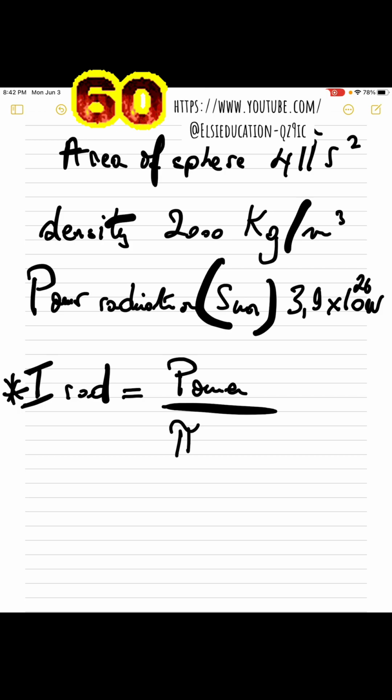And the area of the sun is spherical too, so it's 4 pi r squared of the sun.